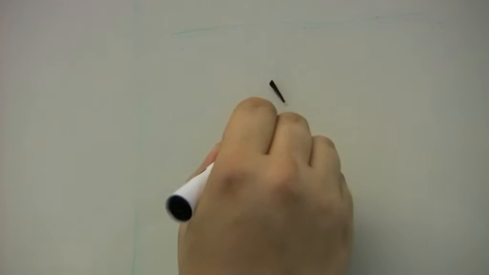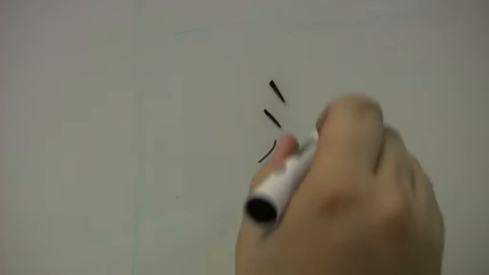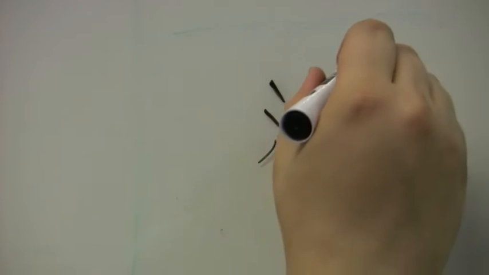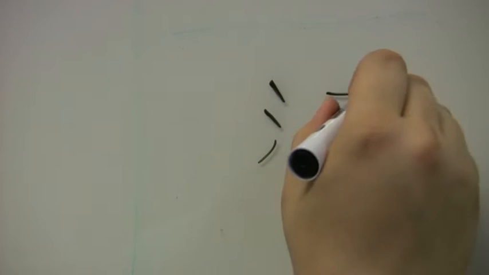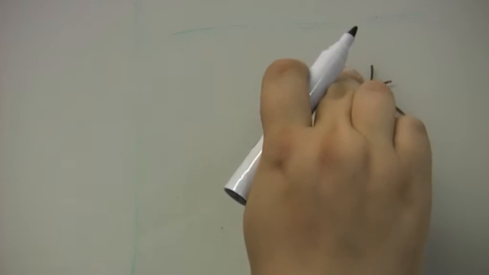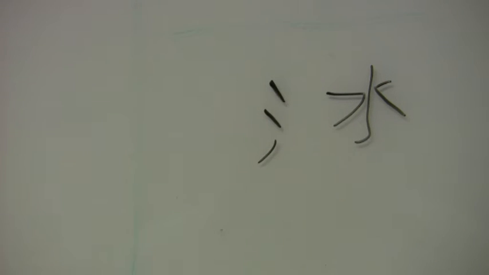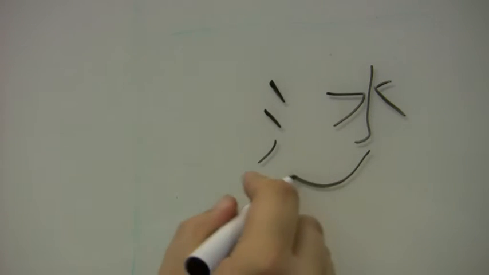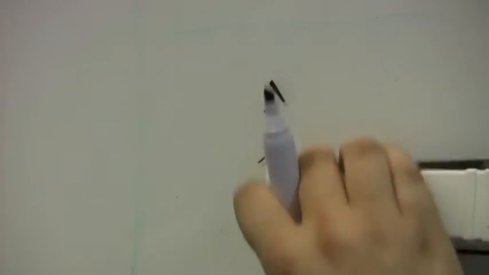The first one he told me about was that this is water. The kanji for water is that. This simplifies into this, and it can be added on another kanji.